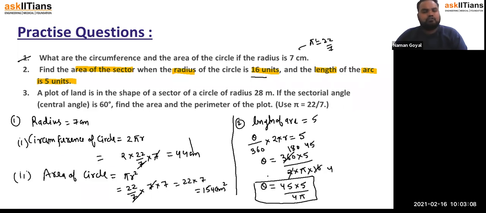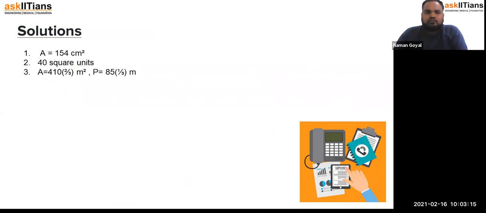We are not going to simplify, because when we solve for the area of the sector, it will cancel out. Now the question is asking for the area of the sector.